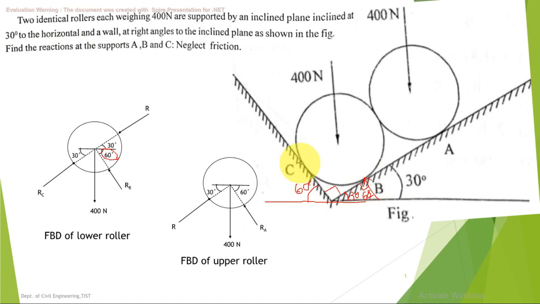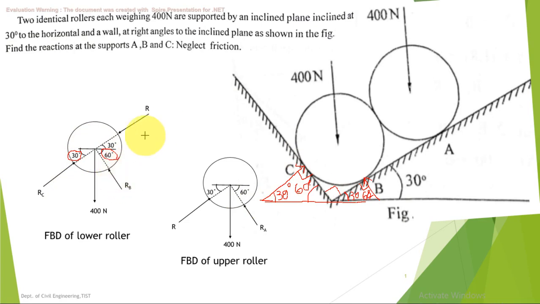Now the reaction RC will be acting perpendicular to this surface, like this. Consider this triangle: this angle is 90 degrees because the reaction is perpendicular to the contact surface, and this angle is 60, as we have already seen. Therefore the angle between RC and horizontal will be 30 degrees. I have marked this angle as 30 degrees.